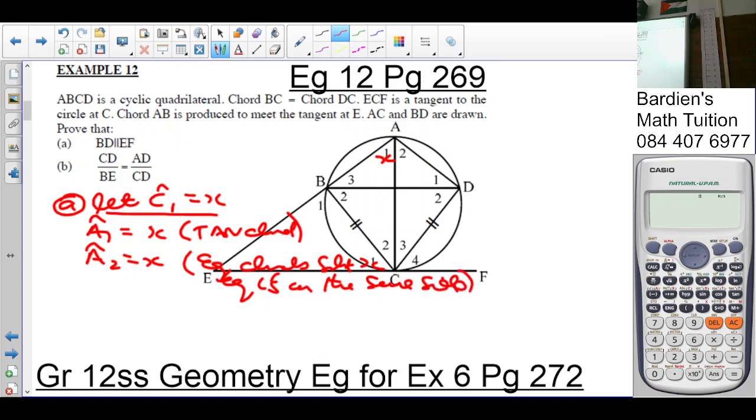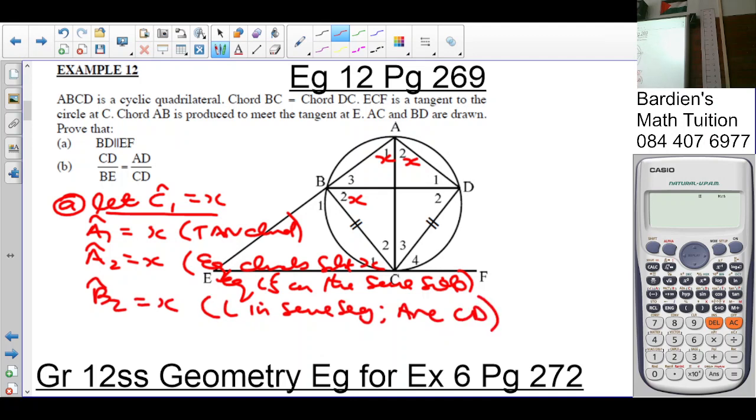Okay, so that means to say there's also an x there. Then A2 is equal to B2, which is x, angles in the same segment, and it's coming from arc CD.